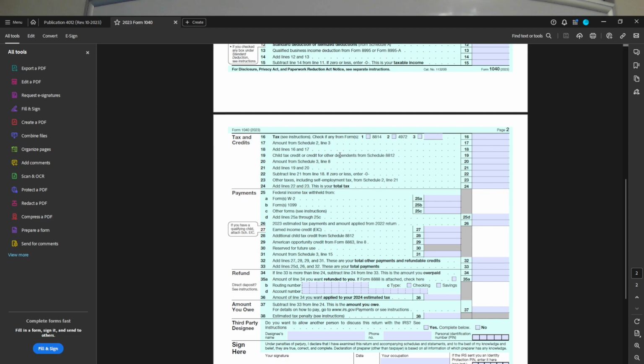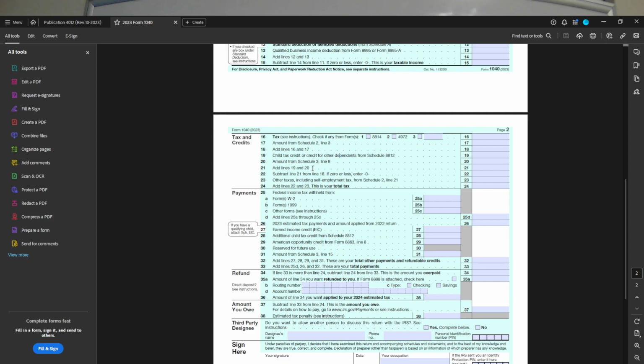Other dependents, such as maybe you have a child over the age of 17, or maybe you have your parents as your dependent because they live with you and you take care of them, they only give you 500. If it's a child under 17 that's yours, then that's 2,000. But if it's not a qualifying child for you, it's only 500.